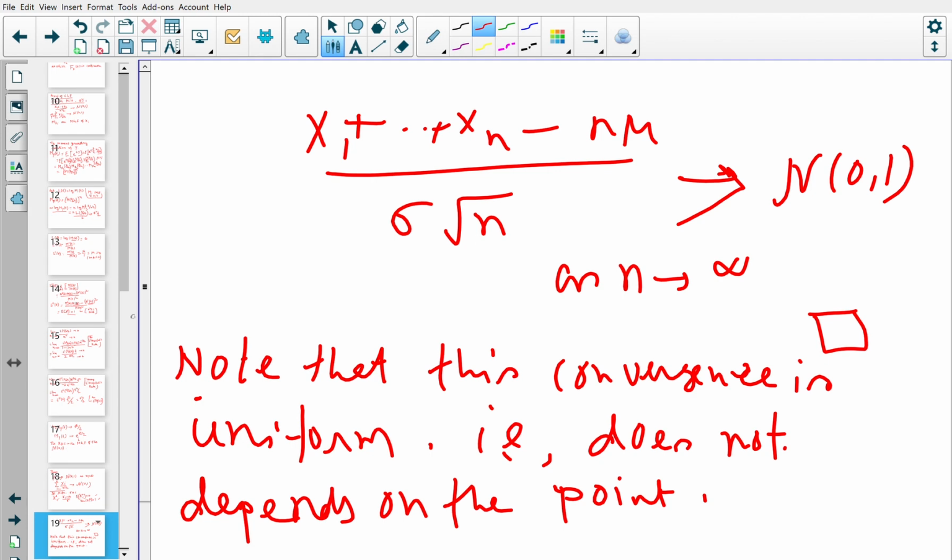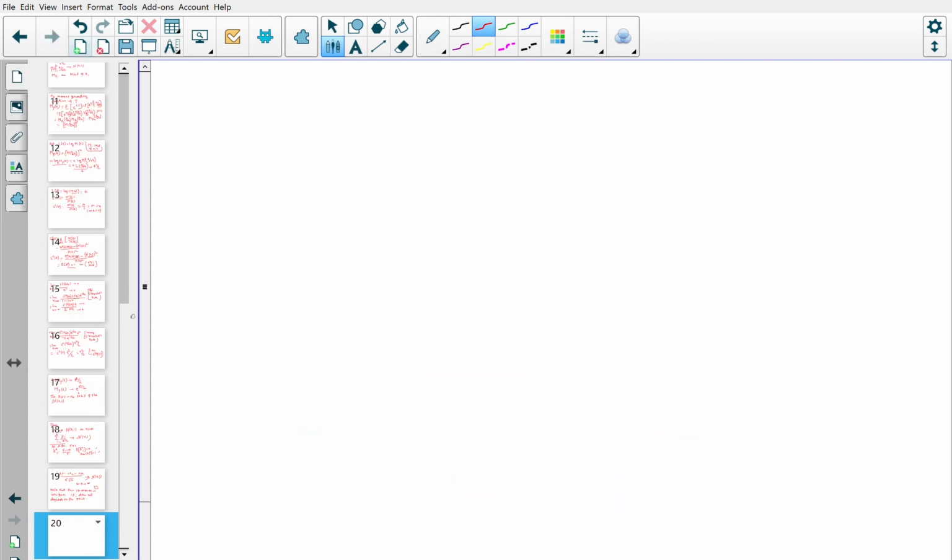Now we can have some examples, and then you can ask about the case when the X's are independent but not identically distributed. So let me ask this question: what about X_1, X_2, ..., X_n that are only independent random variables?